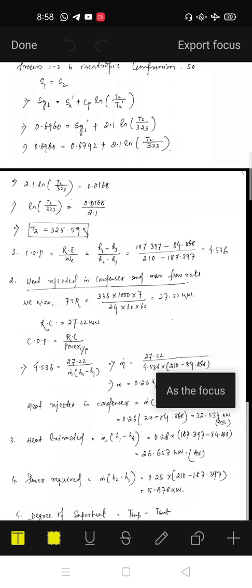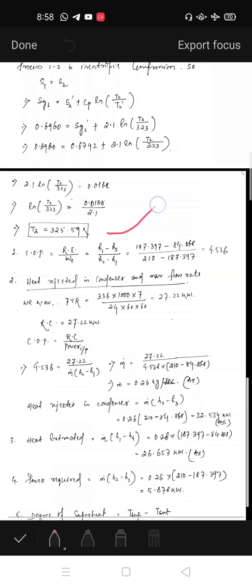T superheated is 325, and T saturated is your 50 degrees, meaning 323. So this is your final result. Okay, students, up to this we have covered the superheated vapor at the end of compression. Thank you.